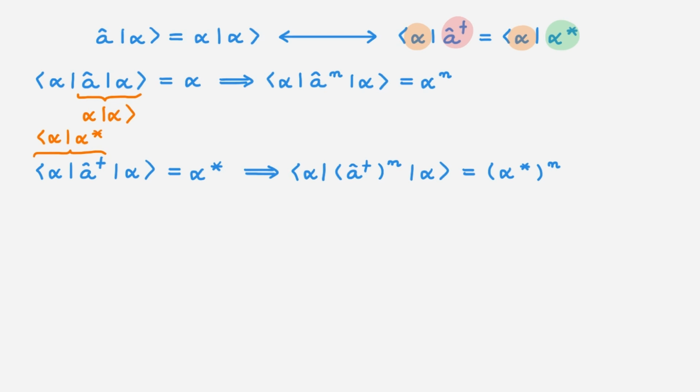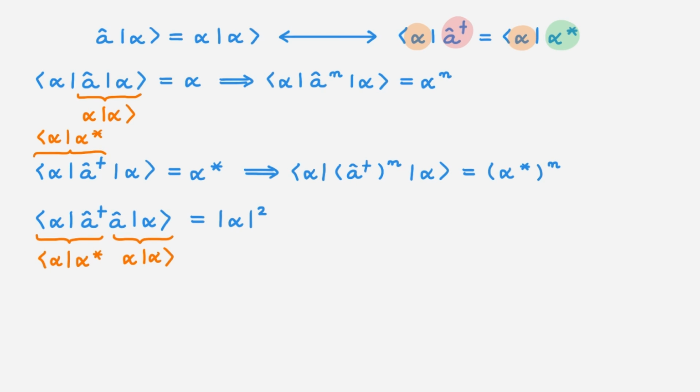The next expectation value that will prove useful is that of A dagger A. We can use the definition of a coherent state in dual space here, and that in state space here, to end up with the absolute value squared of alpha. Next, I want to consider the expectation value of A A dagger.